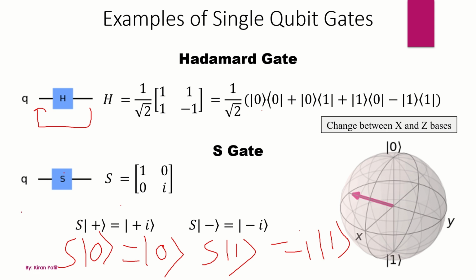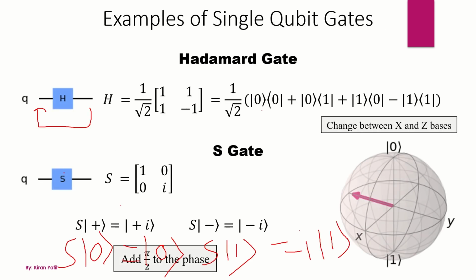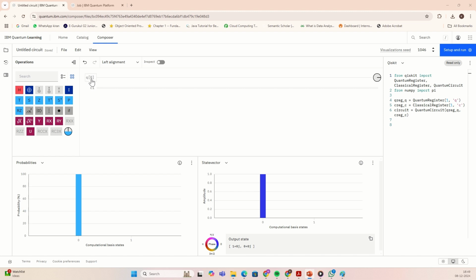We will see practically how this Hadamard gate and S gate operate. So we will go to the site of IBM. Now this is the input |0> when I am applying the Hadamard gate over here. See what I am getting.